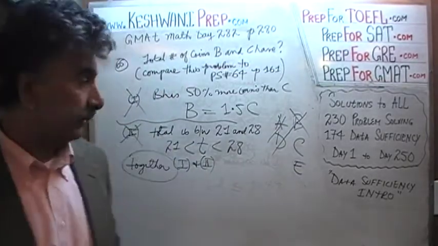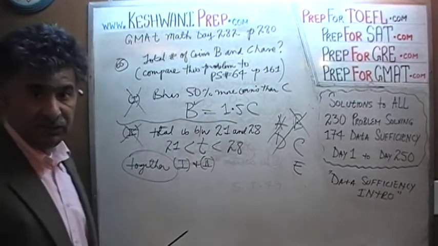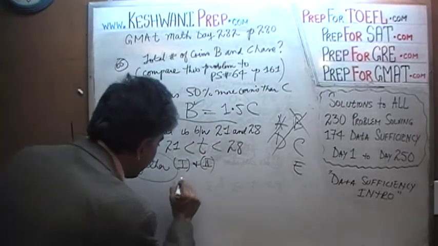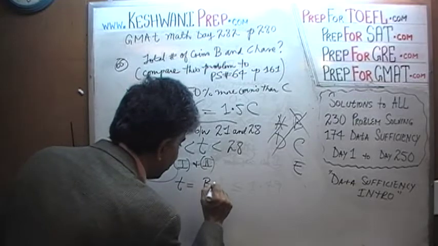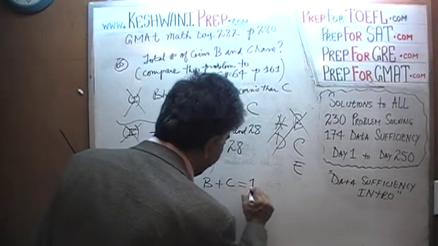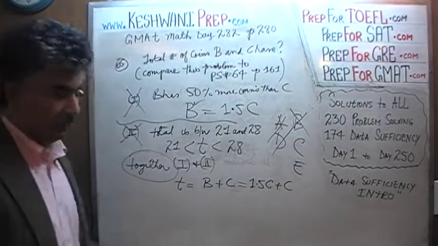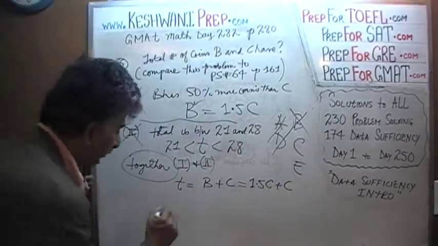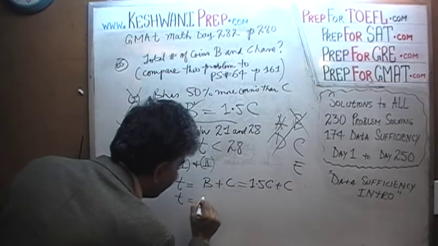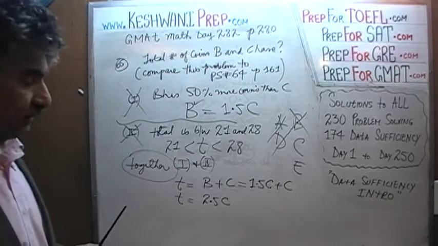Knowing that B has 50% more coins than C, that tells us the total number of coins that we have must be the number of coins that B has plus the number of coins that C has. B happens to have 1.5 times C, and of course the number of coins that C has is C. So the total number of coins that we have happens to be 2.5 C. Keep listening.